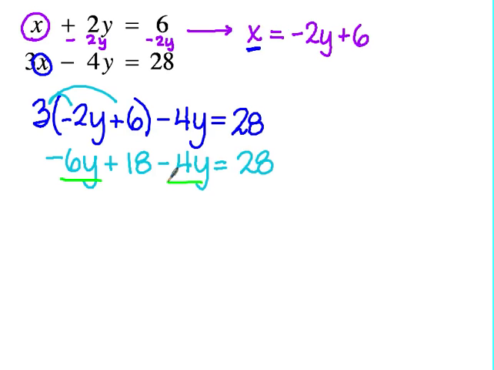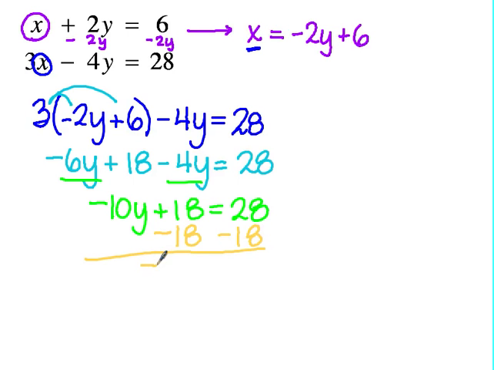Get the y's together, and that gives me -10y plus 18 equals 28. Next step. Subtract 18, very good. And so I get negative 10y to equal 10. Final step is to do what? Divide by negative 10. And so y equals negative 1.